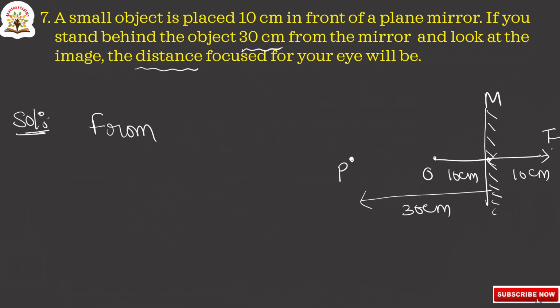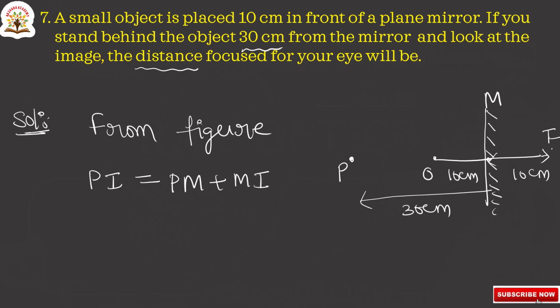From the figure, PI is equal to PM plus MI. PM is given as 30, and MI we are getting 10 centimeters, so total 40 centimeters.